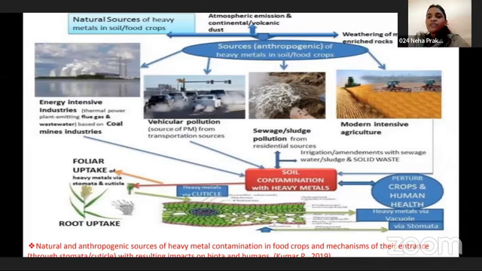There are different factors affecting soil pollution, such as energy intensive industries, vehicular pollution, sewage and sludge pollution, and modern intensive agriculture. These lead to soil contamination with heavy metals, and indirectly these heavy metals contaminate our food chain also. So this is very risky and degrades our soil system.